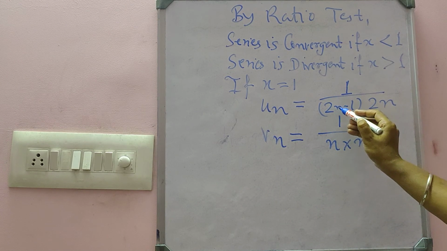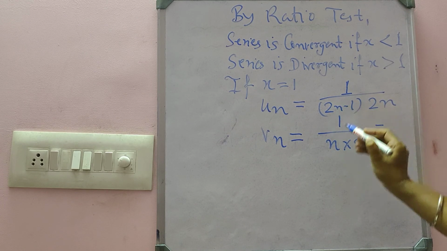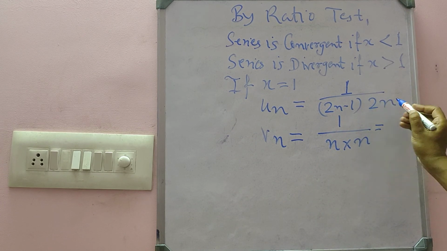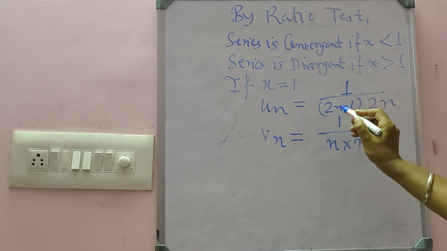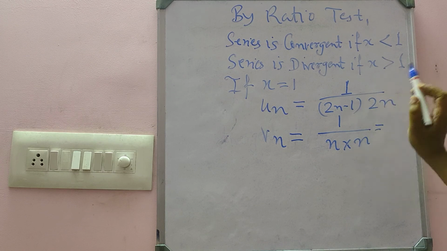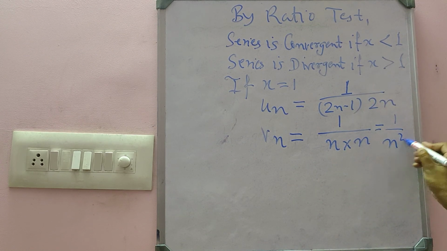So in this 2n minus 1, 2 is constant, minus 1 is constant. So only you have to take n, and here also in 2n, 2 is constant. We have to remove our constant terms. So Vn becomes 1 by n square.